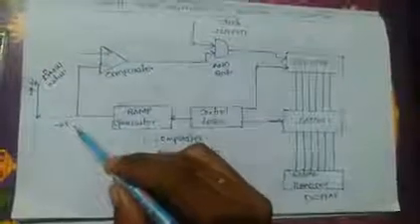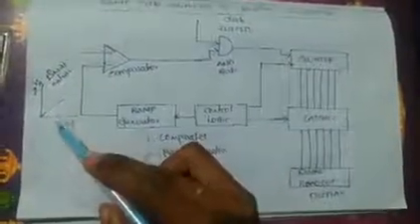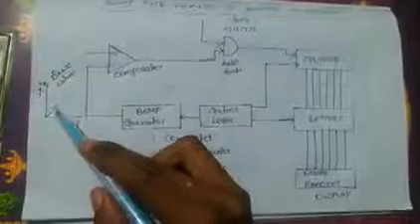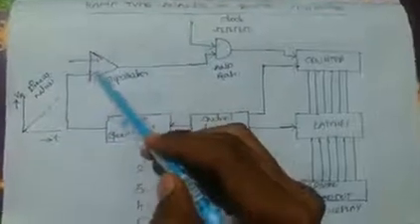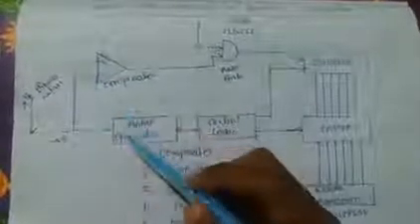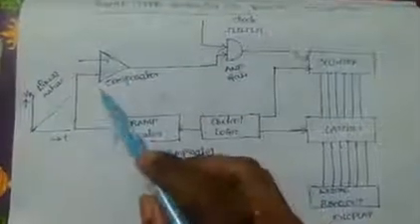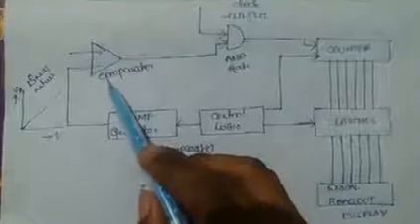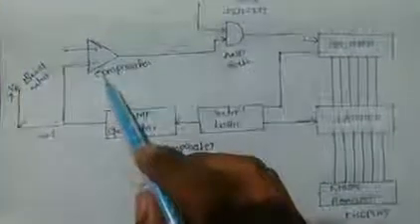Now here the output of the ramp generator is linear in nature. It is represented with VR. Here the comparator is given two inputs. One is the analog input VA from outside, to the inverting terminal, and another input is from the ramp generator, to the non-inverting terminal.